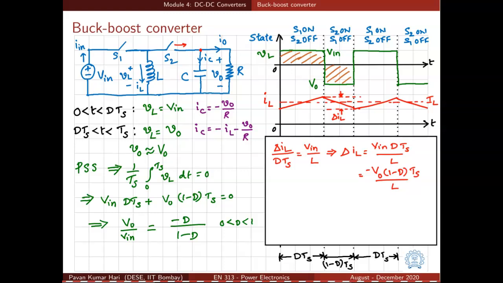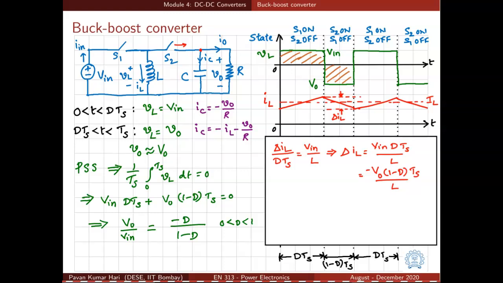So the peak to peak ripple in inductor current can be easily calculated. In the first interval, V is equal to L di by dt, so delta IL by dTs is equal to V in by L, and delta IL will turn out to be V in times dTs by L, or minus VO times 1 minus dTs by L, because we already know the relation between V in and VO.